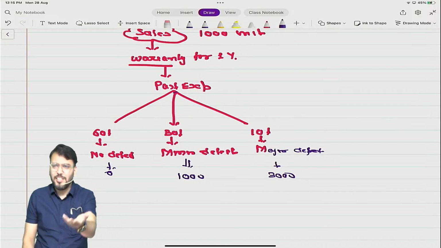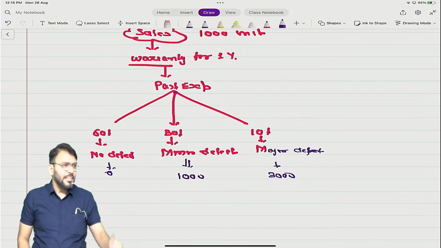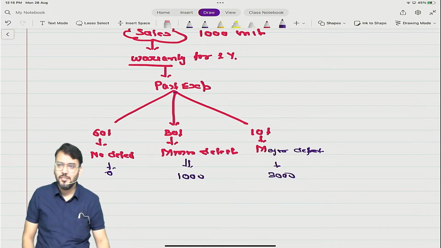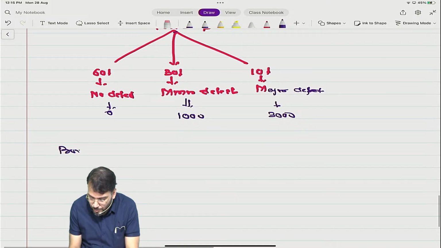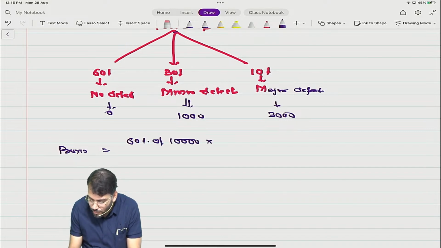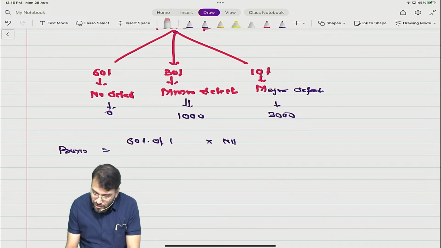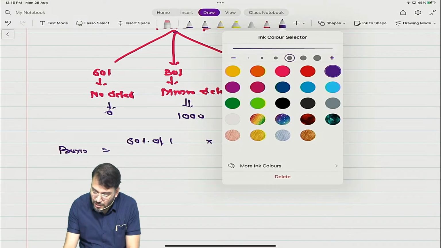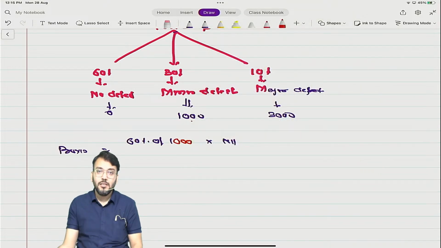You know how to do average, weighted average. In childhood, in mathematics, you have done weighted average. In inventory we have done weighted average. Say yes or no? So what we'll do, we'll calculate the amount of provision as 60% of 1000 units, amount is nil. Means 60% of 1000 is the number of units sold with no defect, so nil.